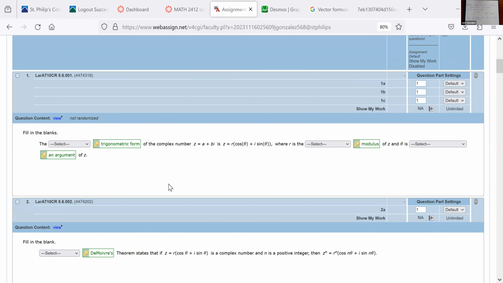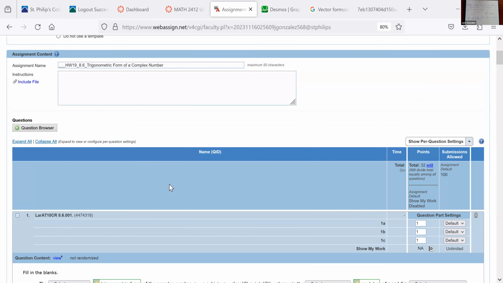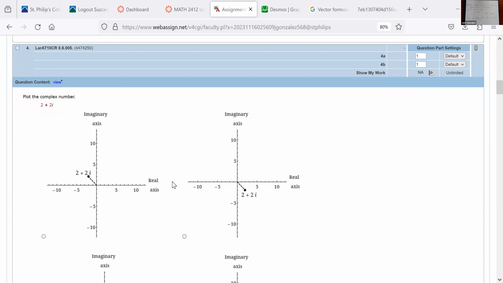All right, 8.6. There's some good formulas in here. It starts off pretty slow. You can see. Right, 2 plus 2i.